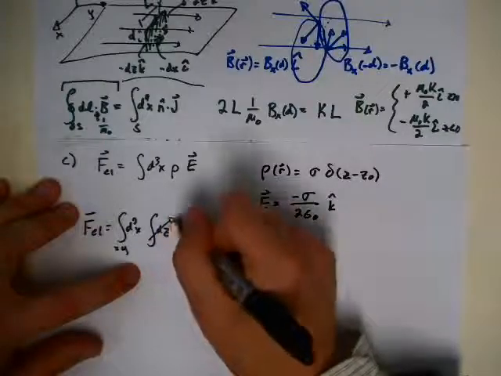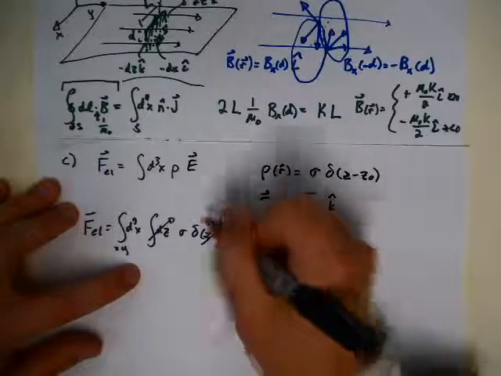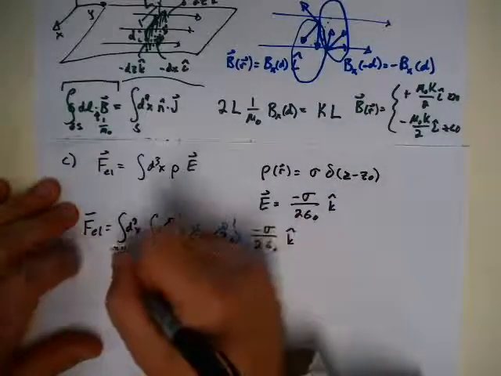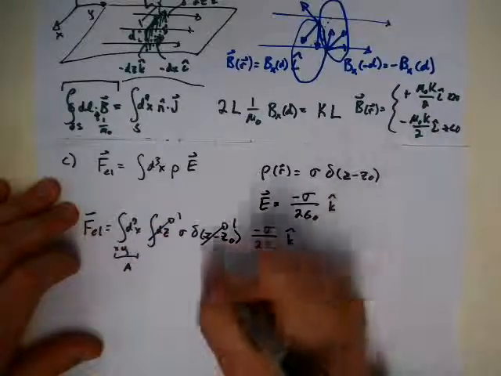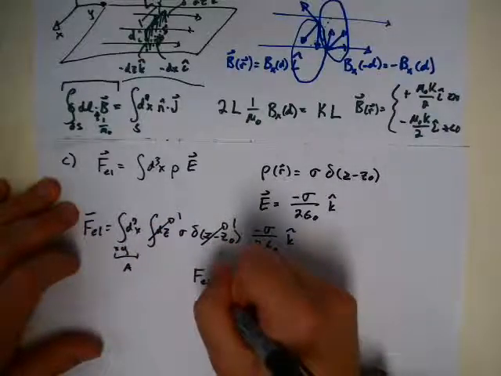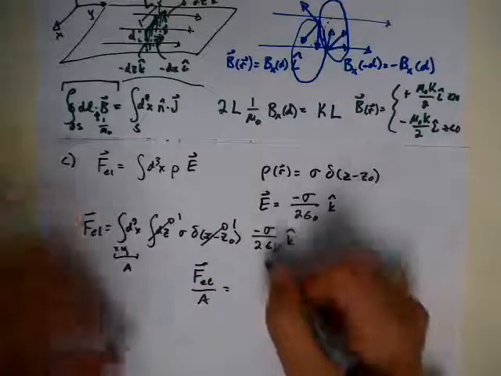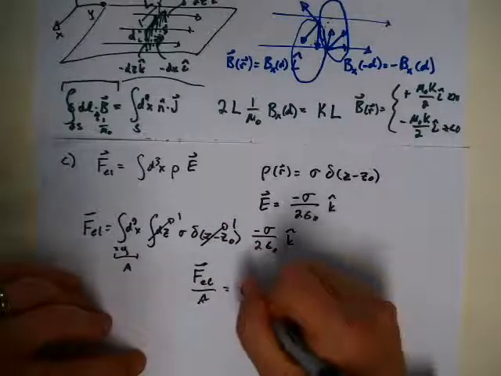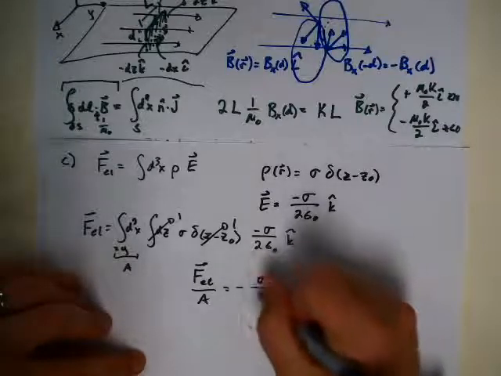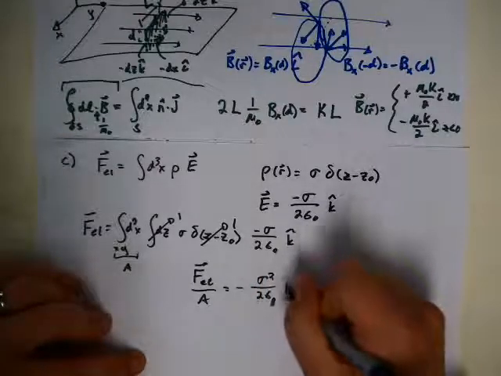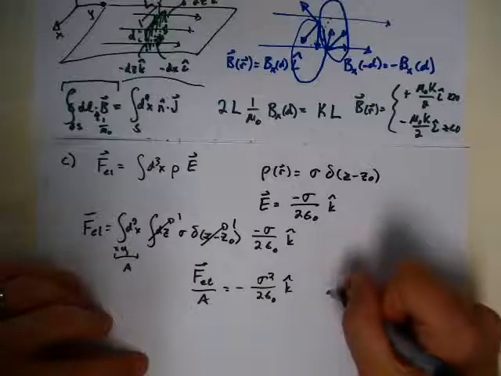Again, the integral of a delta function is just going to give 1. This is going to give the area, and so the electric force per unit area is equal to minus sigma squared over 2 epsilon naught k hat. And so this is attractive.